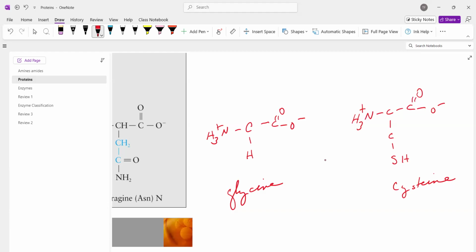Okay, now what I'm going to talk about here is chiral carbons. Let's call this the alpha carbon. And this carbon here now has 3 groups attached to it, so it can't be chiral. However, this one has 4 groups attached to it: 1, 2, 3, 4, but they're not 4 unique groups. So this is not chiral.